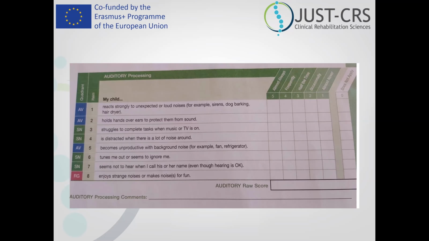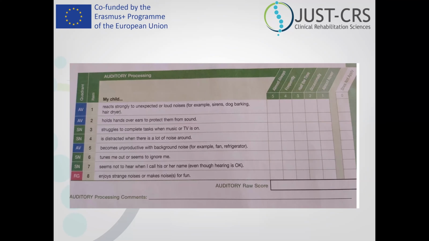The items presented in the Sensory Profile reflect different sensory processing patterns. For example, items number 1, 2, and 5 are related to sensation avoiding, the abbreviation AV. Whereas item number 8, for example, is related to low registration, RG. Item number 8: the child enjoys strange noises or makes noises for fun.